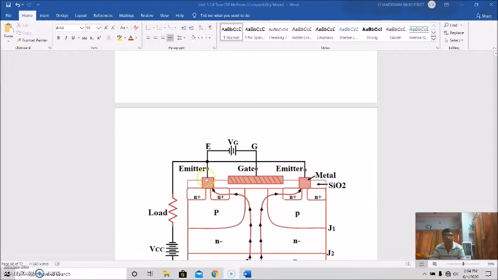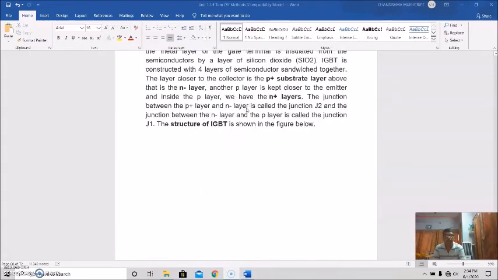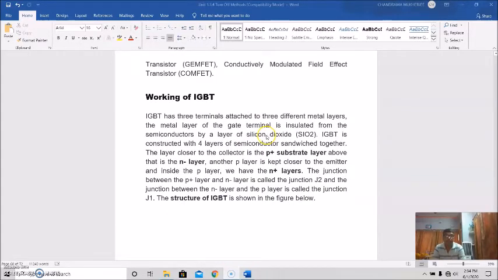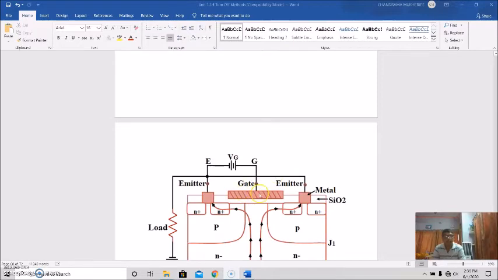The metal layer of the gate terminal is insulated from the semiconductor by a layer of silicon dioxide, as shown here. This is the silicon dioxide that isolates the gate terminal.